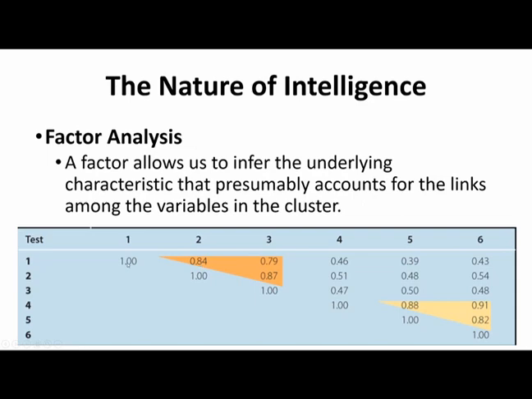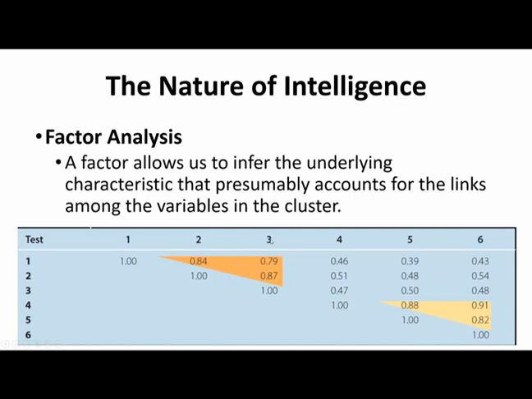But if we move over and we look at the correlation between test 1 and test 2, this is a very high correlation. So 0.8 is a very strong positive correlation. And next to that, we have a strong correlation between test 1 and test 3, or between test 3 and test 2.